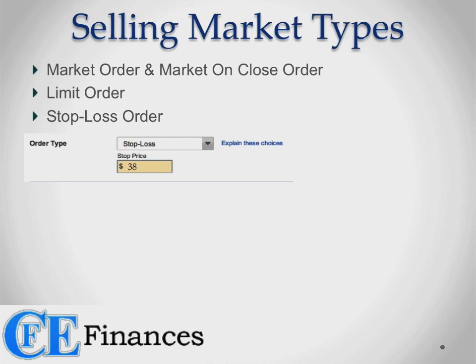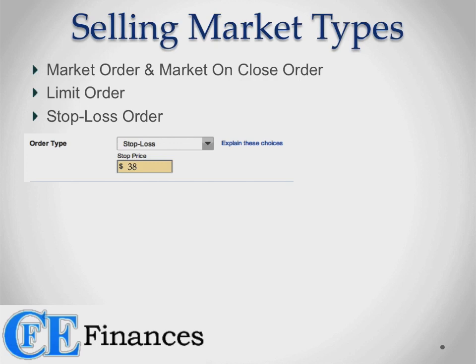This is important because sometimes a stock can begin to drop very quickly and you may not have time to log in and execute a market order yourself. So a stop loss offers the convenience of setting the price to trigger the sell on its own.